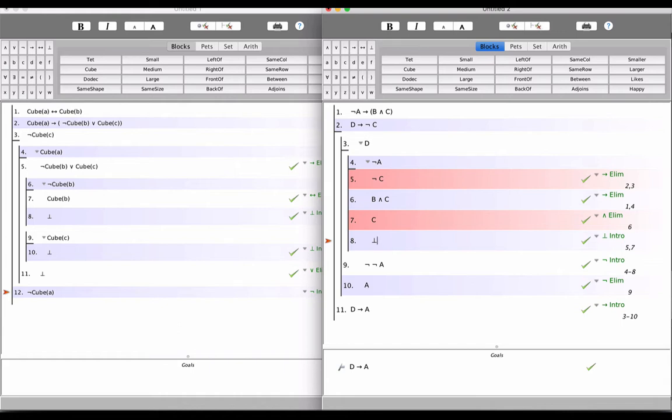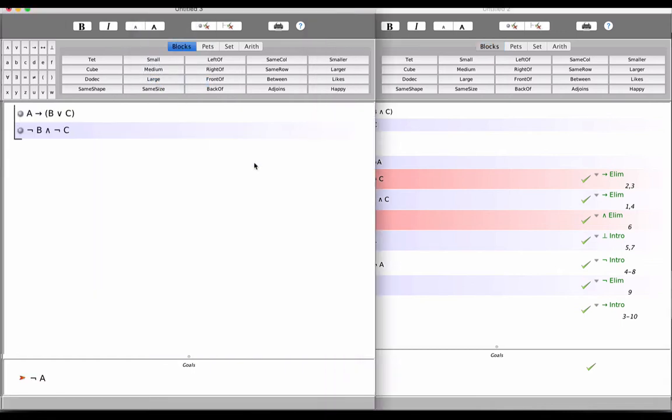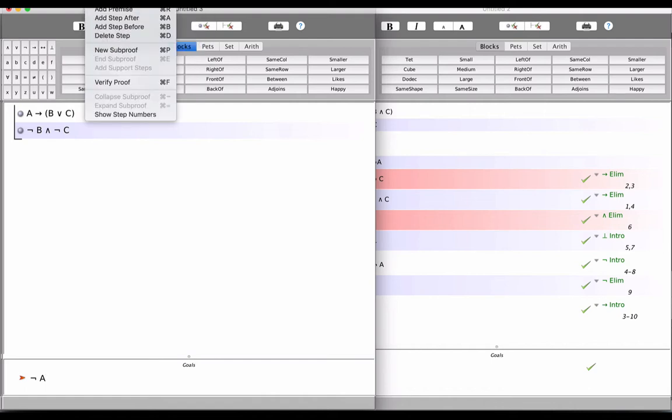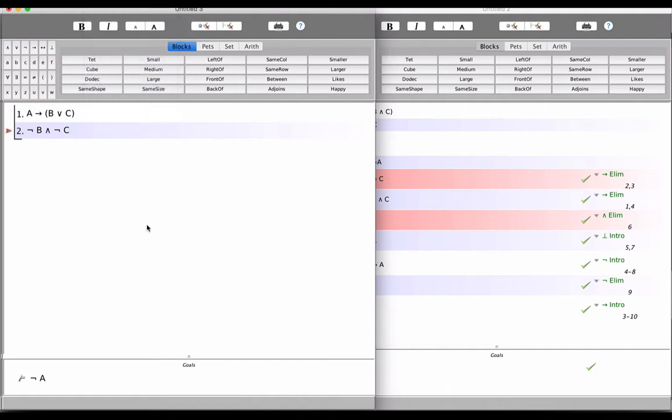Okay, we're ready to move on to the last of the exercises in the exam. I'm going to show the step numbers, and let's once again talk strategy. Notice that your first premise has two connectives, the governing one of which is the arrow. You have a disjunction as the subconnective in line number 1.